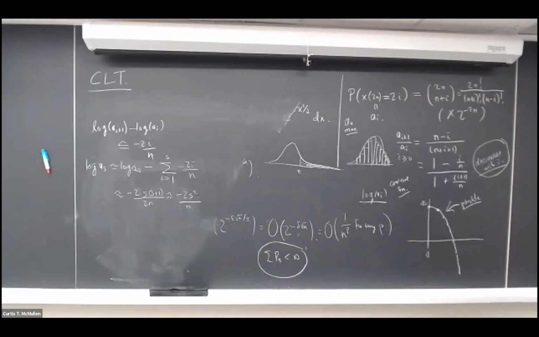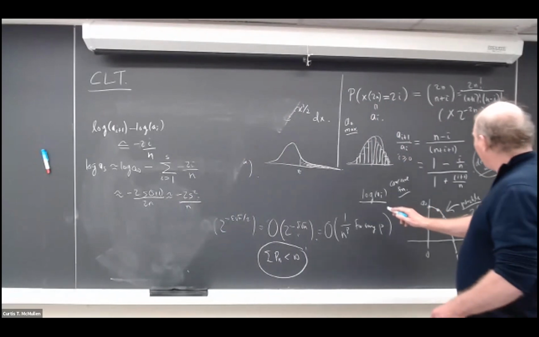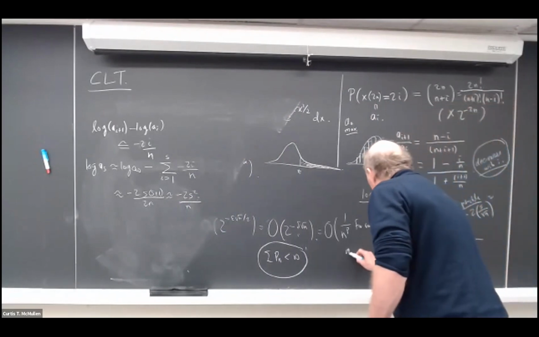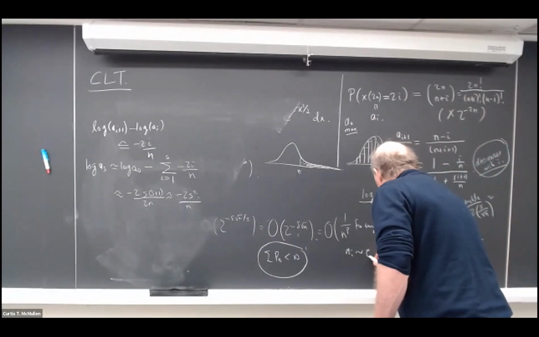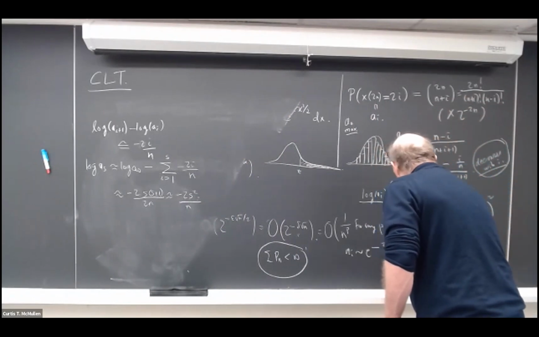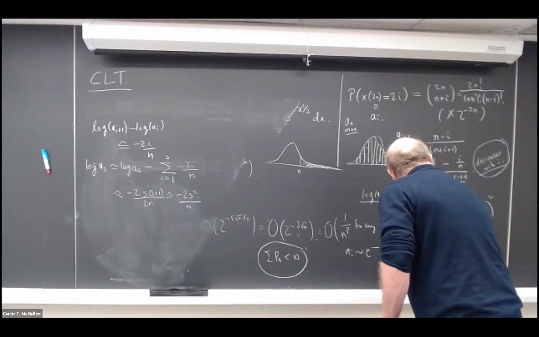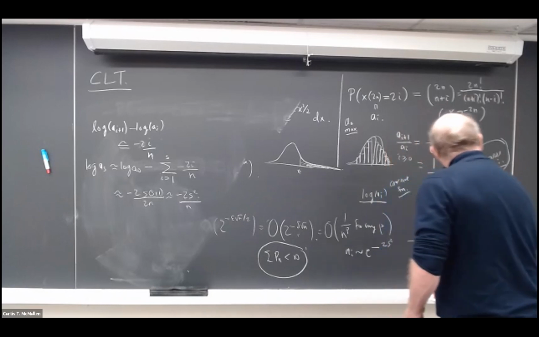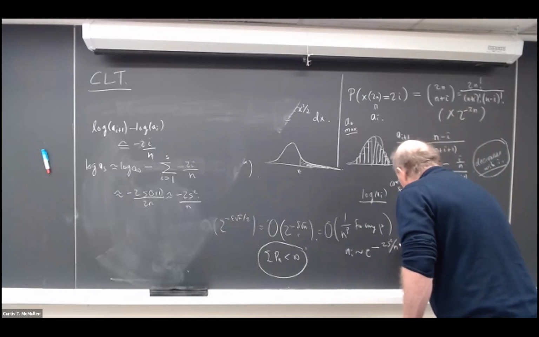And the parabola it looks like is something like minus (2s over the square root of n) squared. And so that means that a_s itself should be something like e to the minus 2s squared over n.